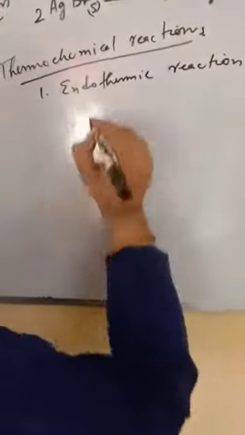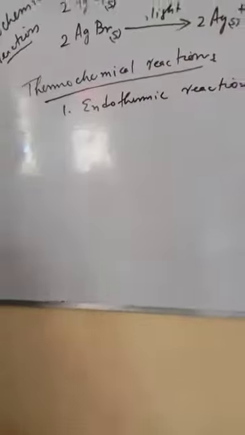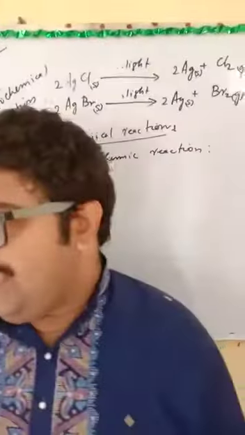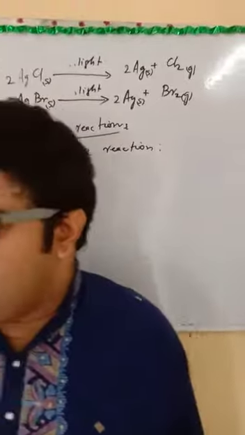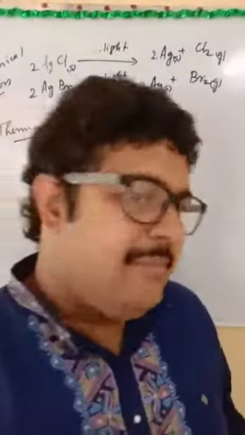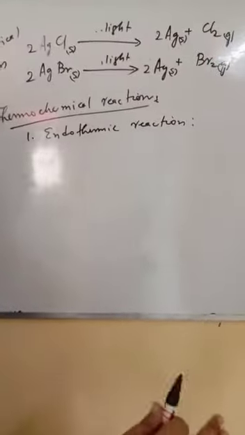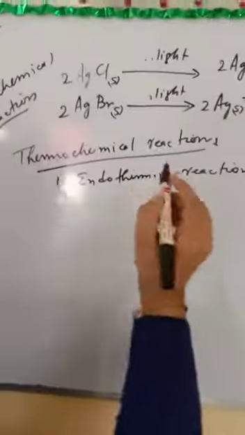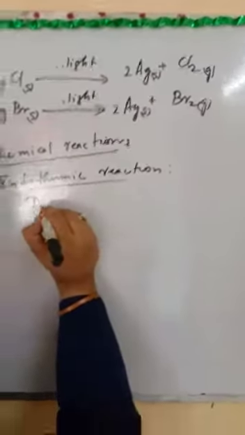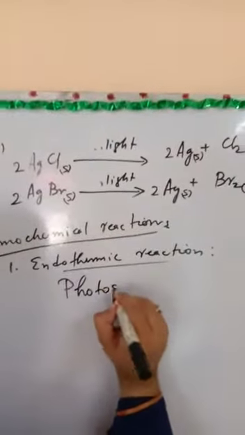Coming to an example, the best example you find in nature. It is associated with your biology. It is also associated with the function of chlorophyll, what takes place in the thylakoid membrane. I am not going into the biological fact, just coming to the chemistry matter. So in endothermic reaction, the best example is photosynthesis.